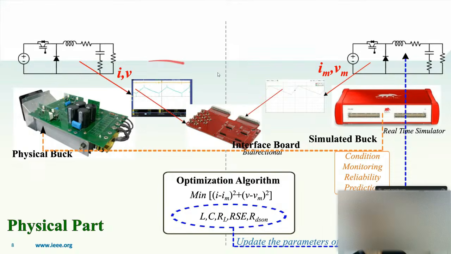In case you identify something unusual, we can change the duty cycle, maybe the parameters of the controllers, maybe the control mode, and you're going to see that you're going to have a flux of information from the simulated part to the physical part. That's the reason we have a bidirectional interface board up here.